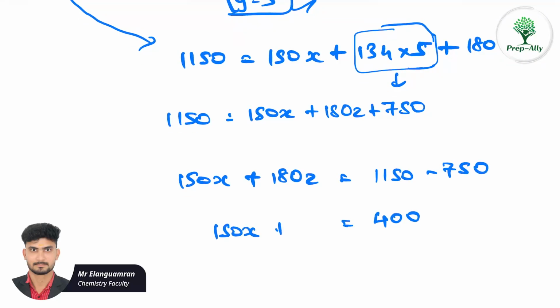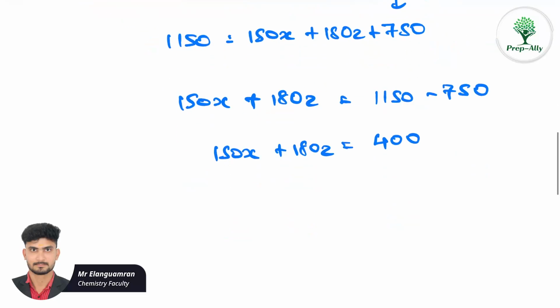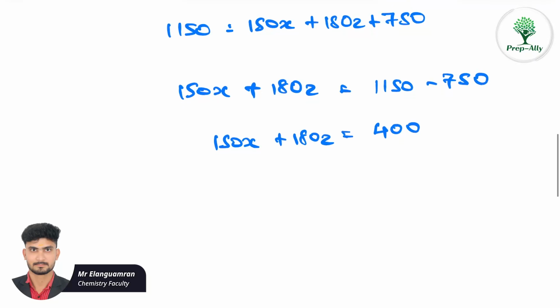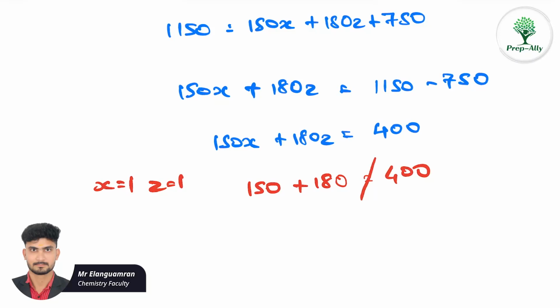So 150x plus 180z equals 400. This x and z are going to be units, right? They can be 1, 2. It is going to be an integer, not a decimal. Okay. So I can try different units. The minimum possibility is x equal to 1 and z equal to 1. What do I get? 150 plus 180 is 330, not equal to 400.